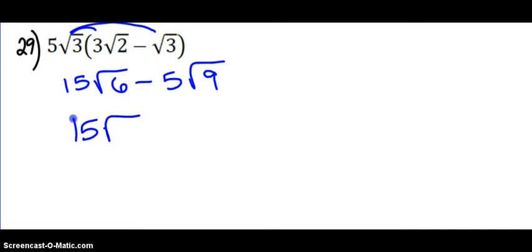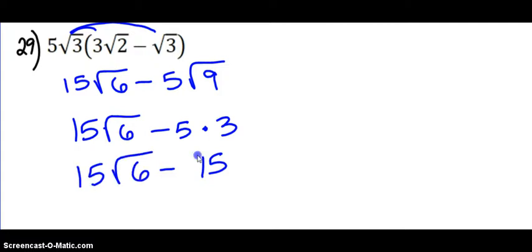Root 6 does not have any perfect square factors, so that is done. However, root 9 is a perfect square, so that's 3. The square root of 9 is 3. I'm going to multiply these two together. My simplified answer: 15 root 6 minus 15. I cannot go any further because these are not like terms.